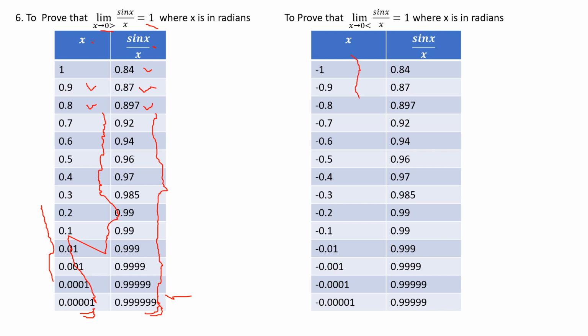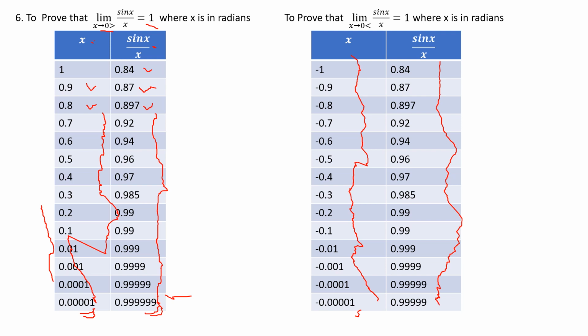-1, -0.9, -0.4, -0. something, up to these values. You see they are reducing negative here up to -0.001. But when you replace these values of x in our function sin x over x, you see the nature of the values you're getting.